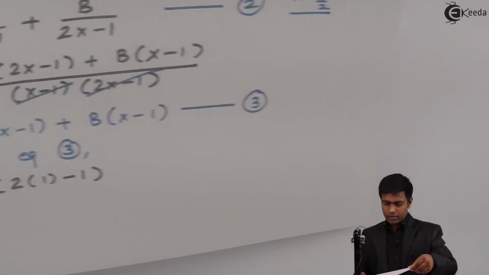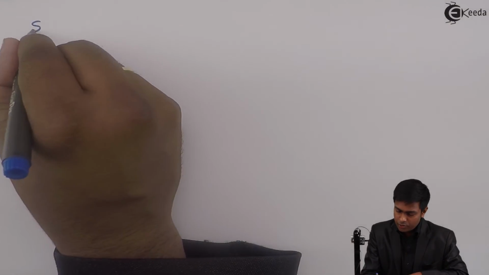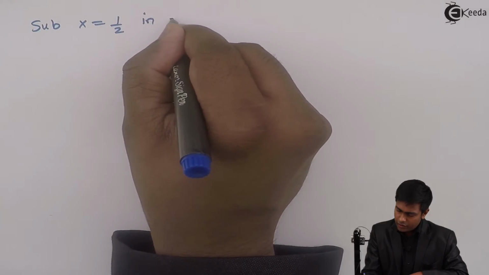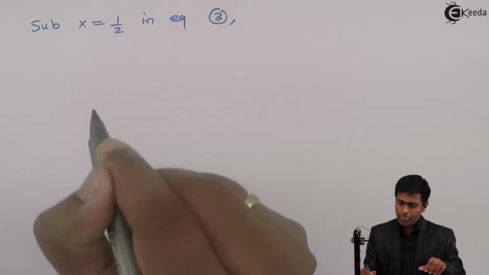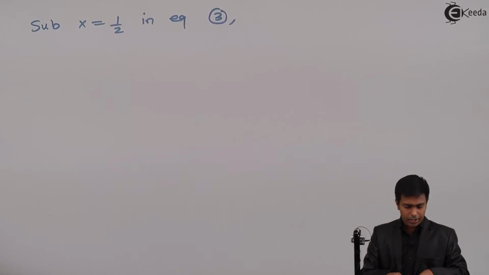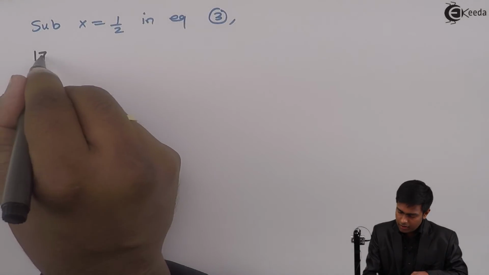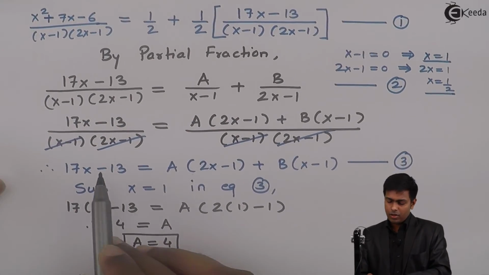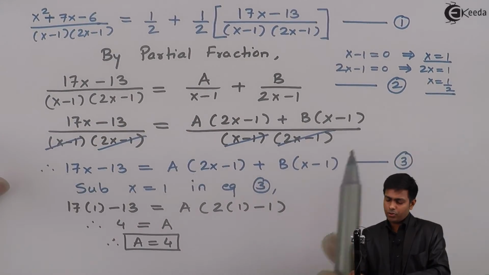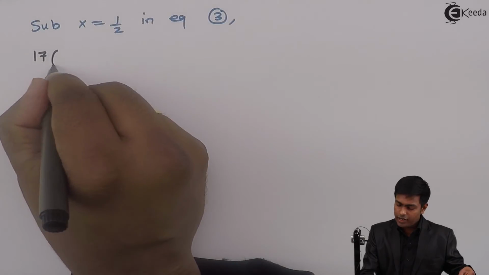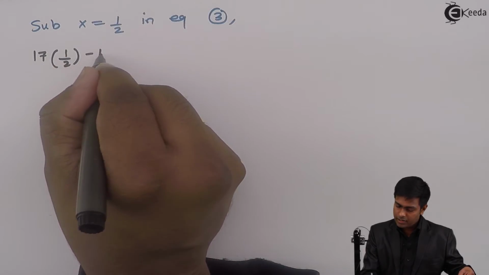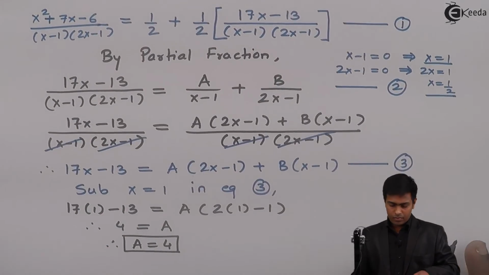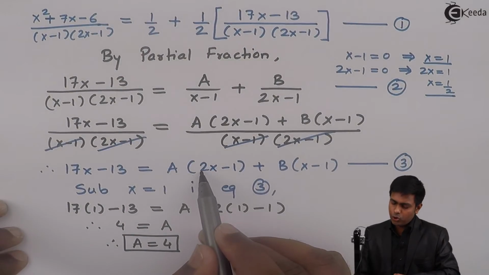So therefore I will say substituting x equal to 1 by 2 in equation number 3. So equation number 3 will become 17x minus 13. So x is 1 by 2. So that will become 17 into 1 by 2 minus 13 equal to, here it will become 2 into x.